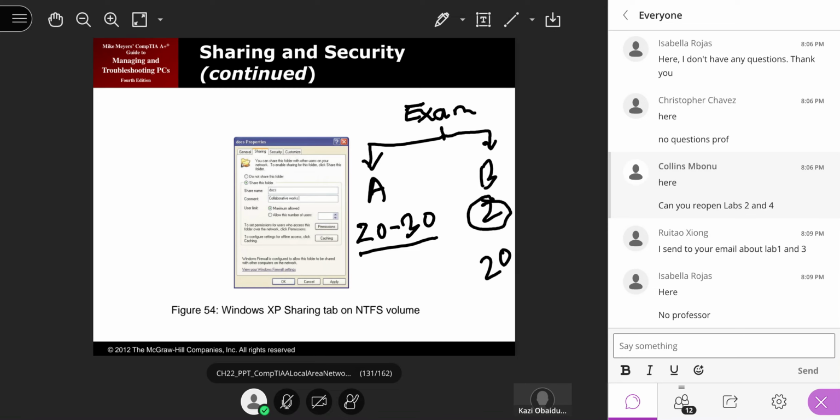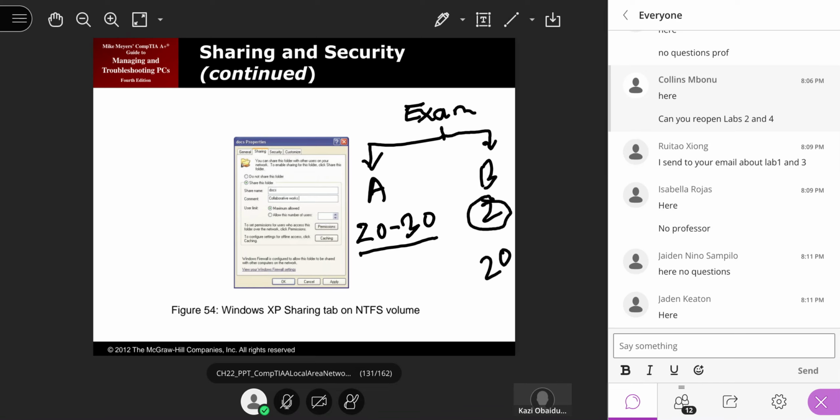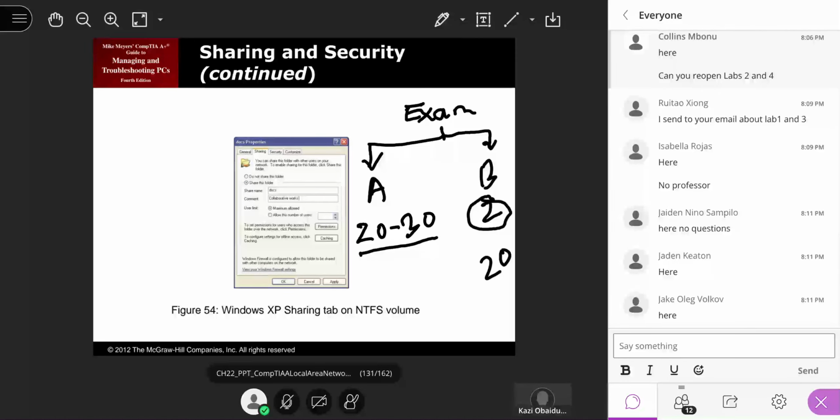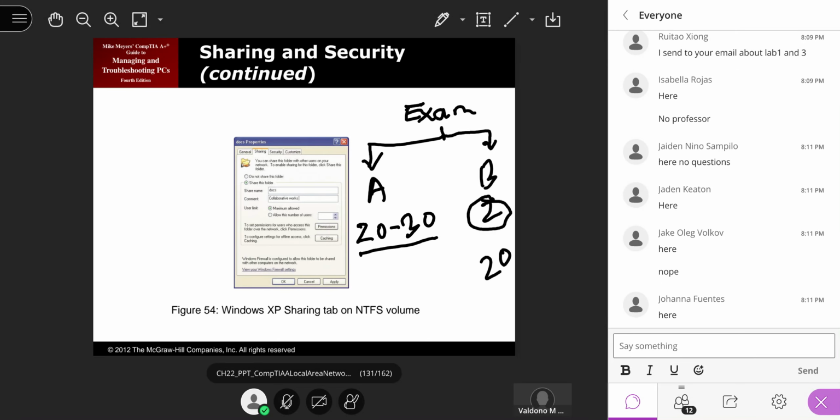Okay, and Isabella Rojas is here. Fine. And then Zaden is here. Wonderful. Great, and they have no question. And then we have Volkov. Volkov is here. Great. Any question, please? No. Zoana is here? Okay.